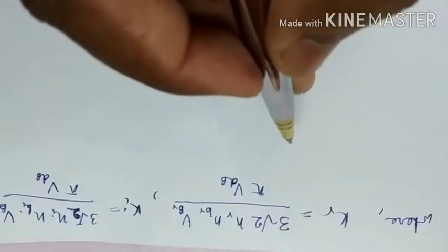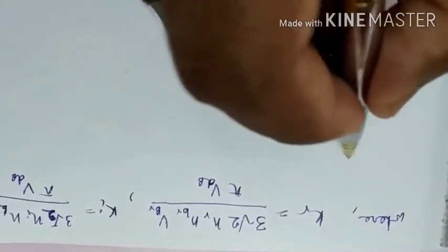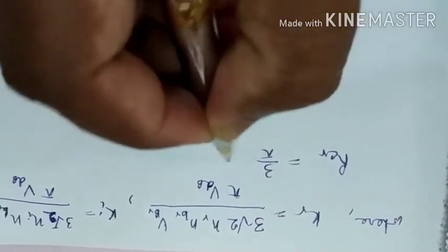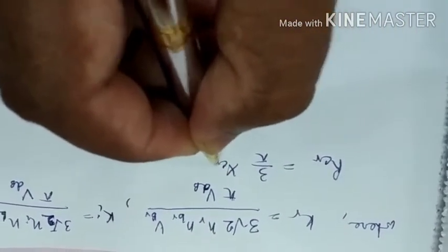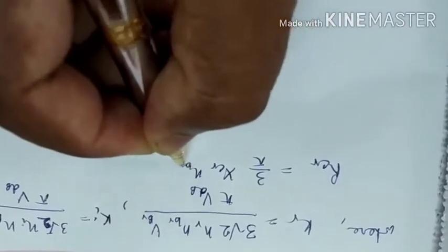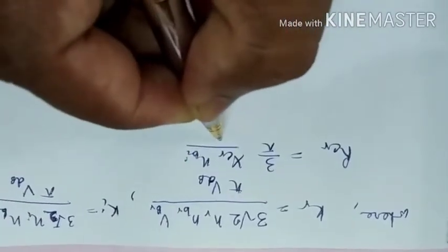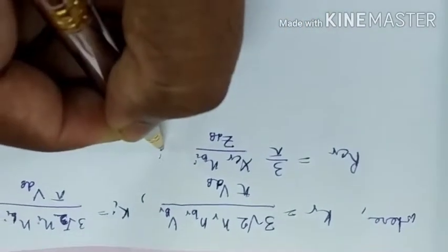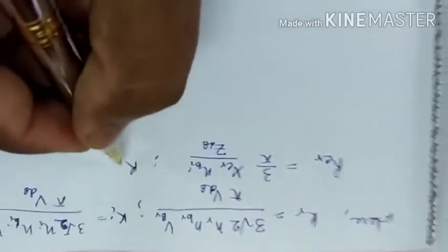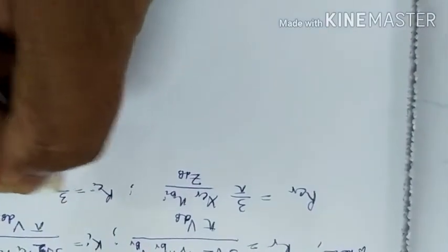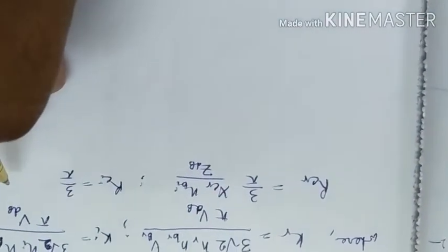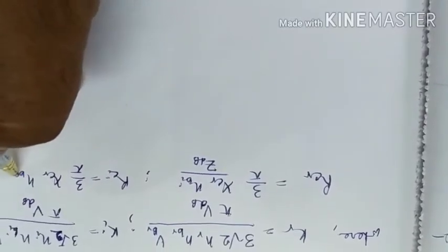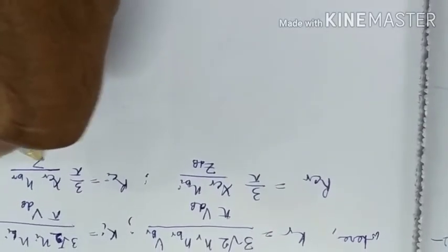Also the value of RCR is 3 by pi XCR NBR divided by ZDB, and also RCI is 3 by pi XCI NBI divided by ZDB.